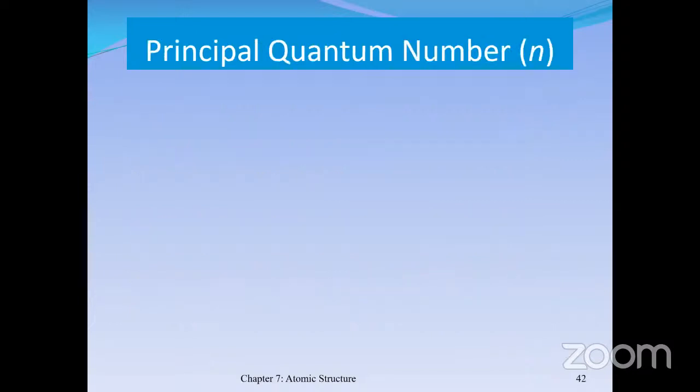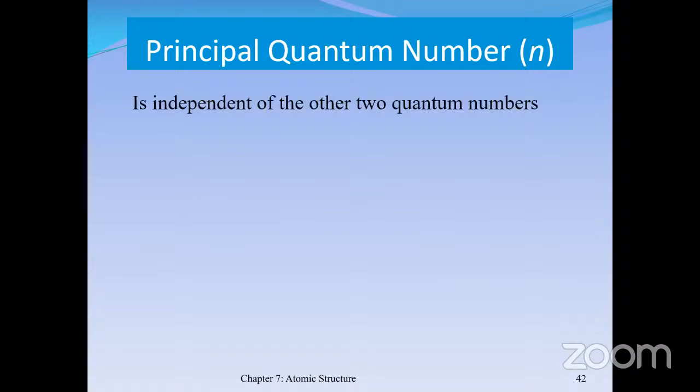So let's talk about these quantum numbers, right? The first of which is what is known as the principal quantum number, which is symbolized by the letter n, right? And the values of n are basically positive integers starting from 1 to infinity, right? So basically we're talking about the same n values that are used in the Bohr model: n equals 1, n equals 2, and so on.